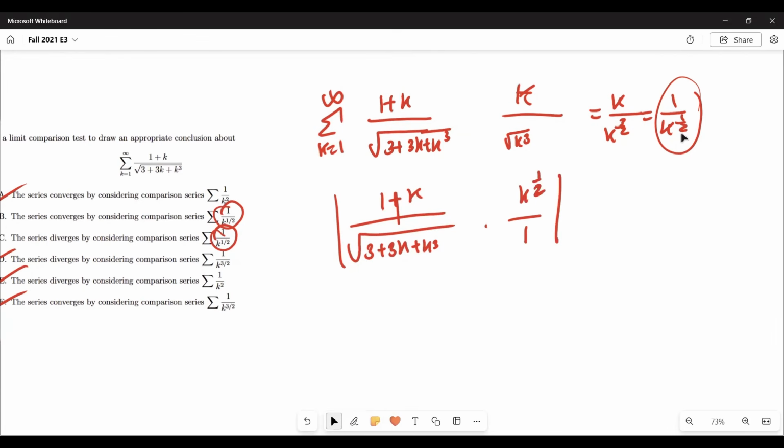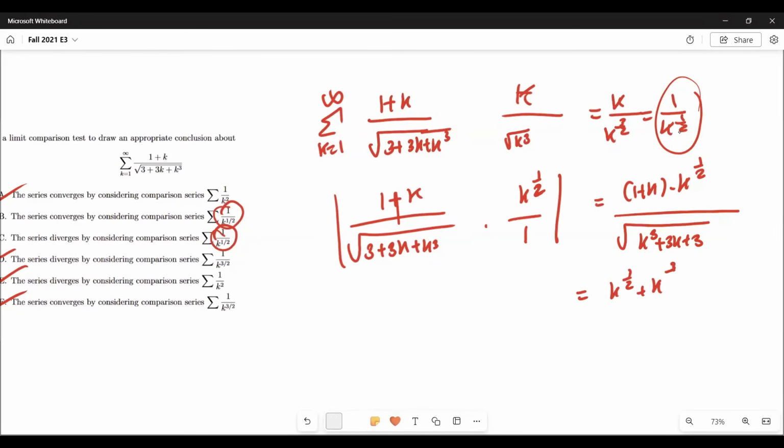So this is going to be 1 plus k to the 1 half over the square root of k cubed plus 3k plus 3. This is k to the 1 half plus k to the 3 over 2, over the square root of k cubed plus 3k plus 3.